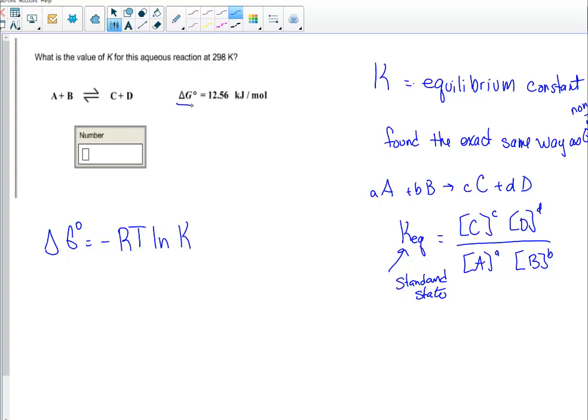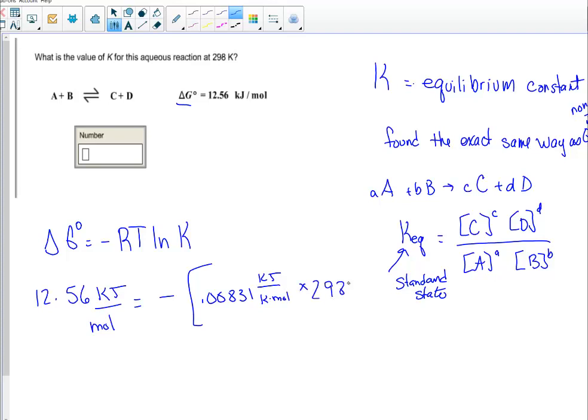So notice we're at a standard condition, so that's 12.56 kilojoules per mole equals negative RT ln K. So negative 0.00831 kilojoules per Kelvin mole times 298 Kelvin times natural log of K.